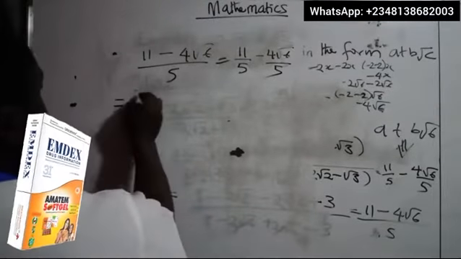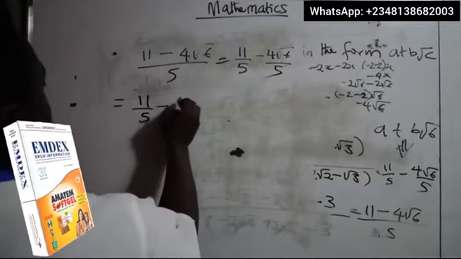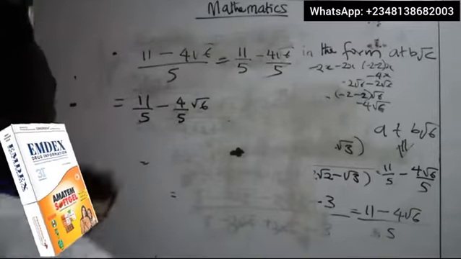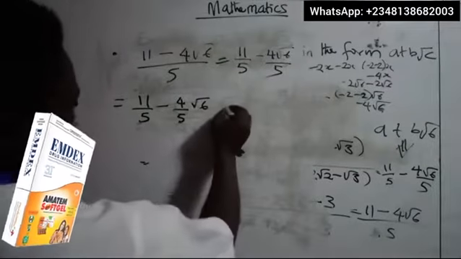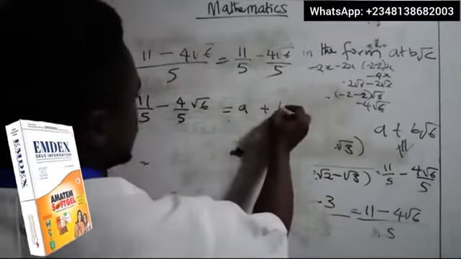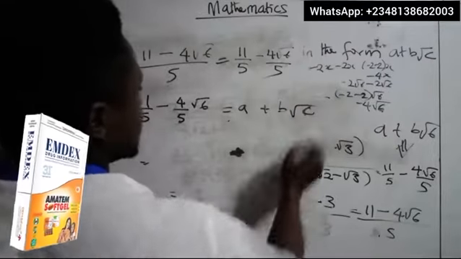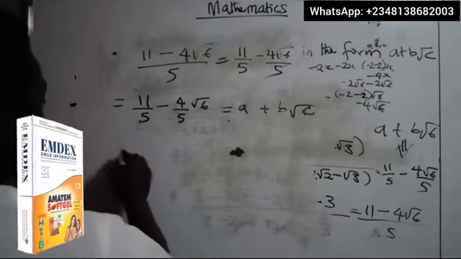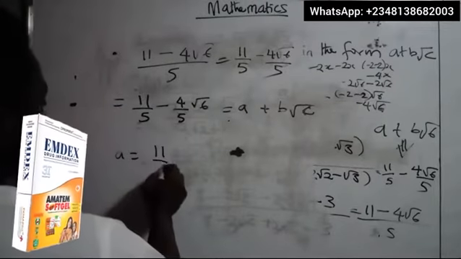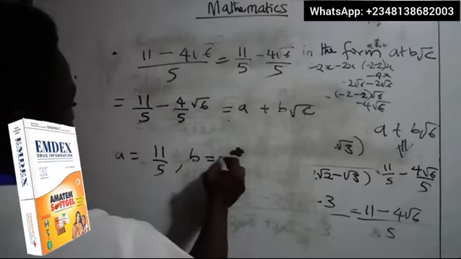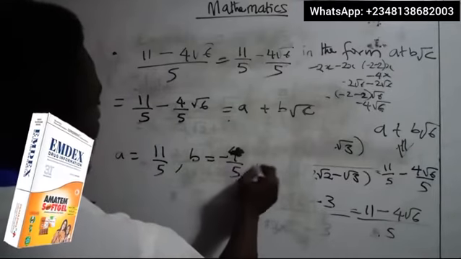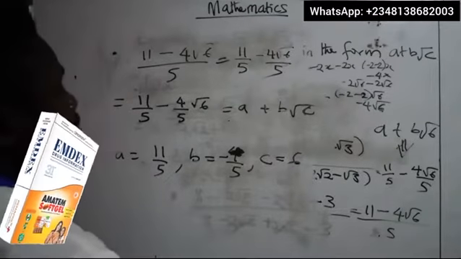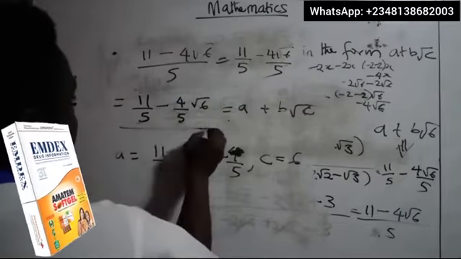Is it now saying 11 over 5 minus 4 over 5 root 6? Yes. In this form, remember this form, A plus B root C. So here it is clear that A is 11 over 5, B is minus 4 over 5, while C is 6.